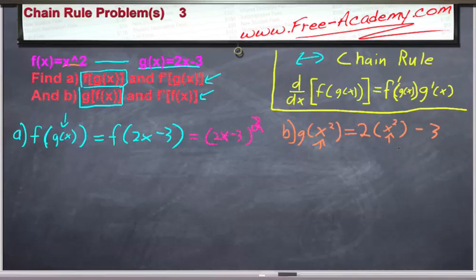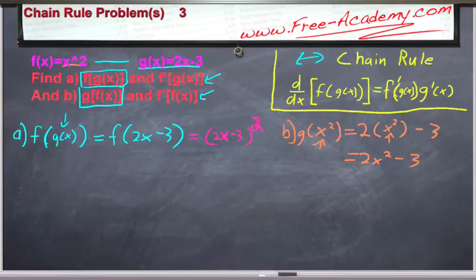So g of x squared equals 2x squared minus 3. If this part was difficult, you need to go back and check out some of our earlier lectures, because this is something you have to be very comfortable with to do the chain rule.